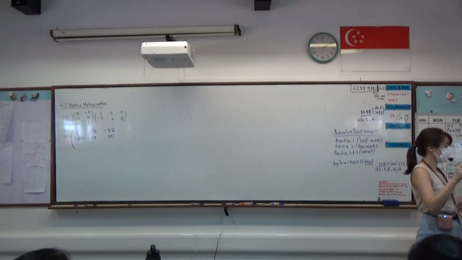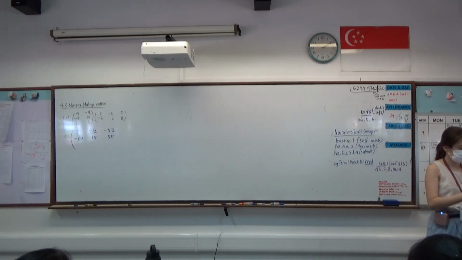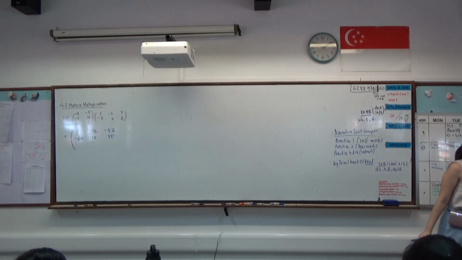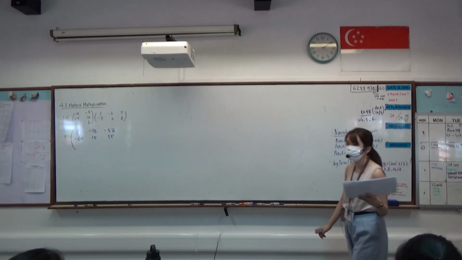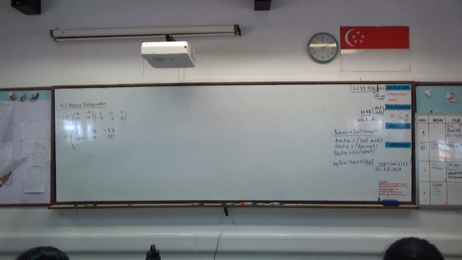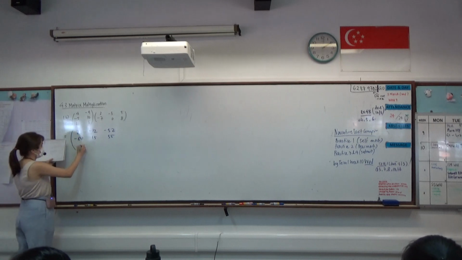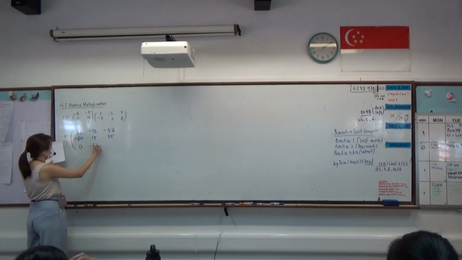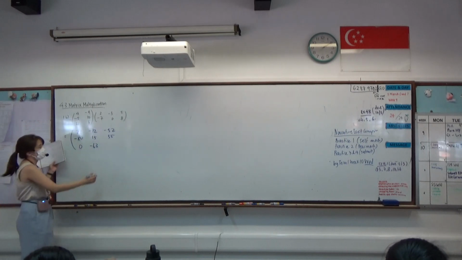Tell me the final answer rather than the working. What would it be? Haven't finished? Okay, let me get another person. Noe. 0, then negative 63 followed by 153.